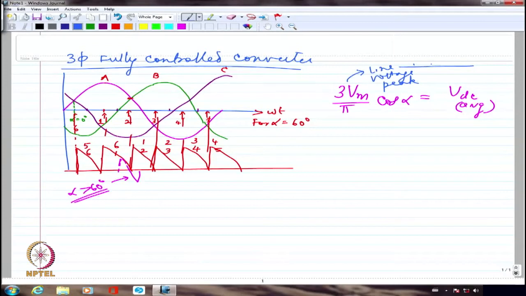I think this question again should not come up repeatedly. For any equipment that is available in the market, if it is a three-phase equipment, the specifications are always given in terms of RMS values of line voltages and RMS values of line currents.